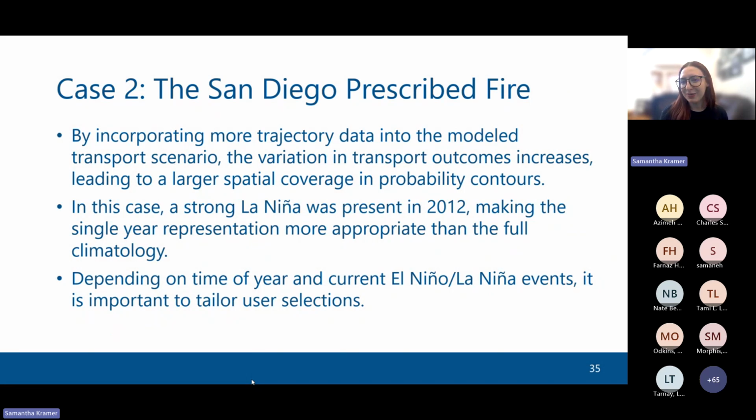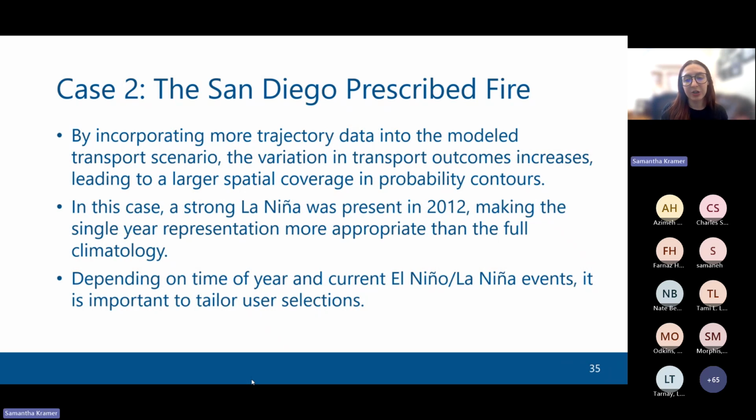It's a mix of CAL FIRE records that we looked at for specific examples where we were able to also see them on HMS smoke, so we can look at how our pattern compared. And a lot of those records include the ignition location, the time of day that fire started, how many days that fire lasted, and its size.